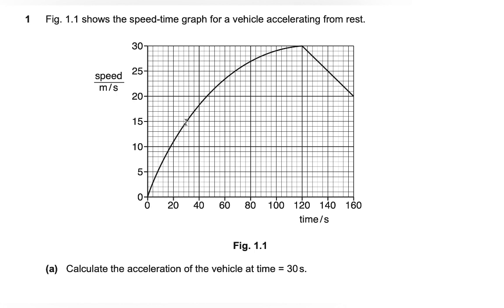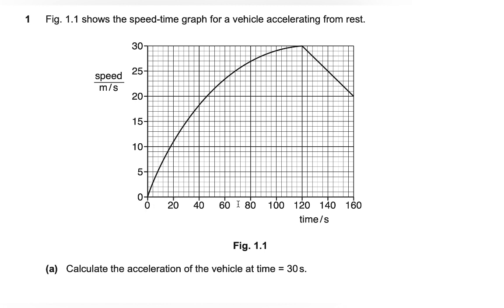Draw it to meet the curve. Where it meets the curve, you put a point there. Then you take a ruler and draw a tangent line, a straight line like this, and then we calculate the gradient. Probably the gradient will be 30 minus 5, that's 25, over, let's say, 60 minus 0.